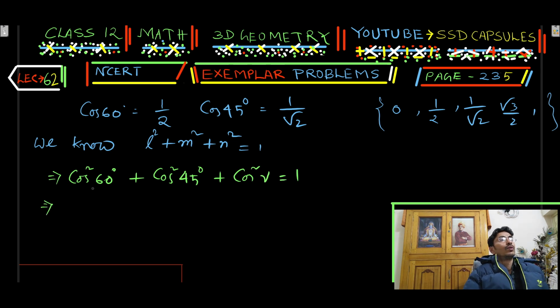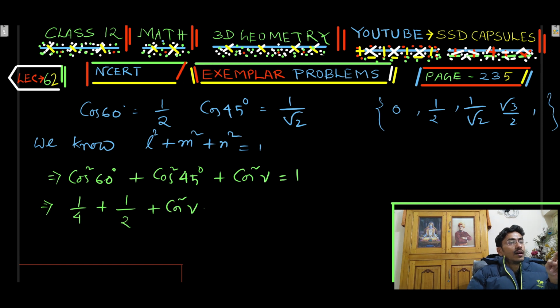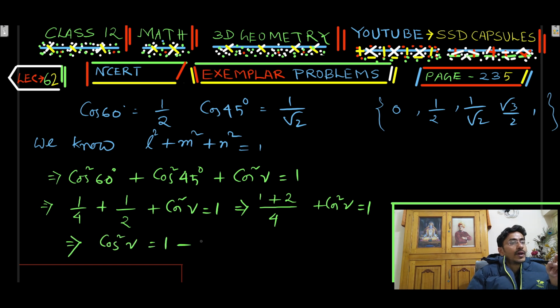Cos 60 means half, so here 1 by 4, cos 45 degree equal to 1 by root 2, so 1 by 2, plus cos square gamma equal to 1, implies cos square gamma equal to 1 minus 3 by 4, equal to 1 by 4.